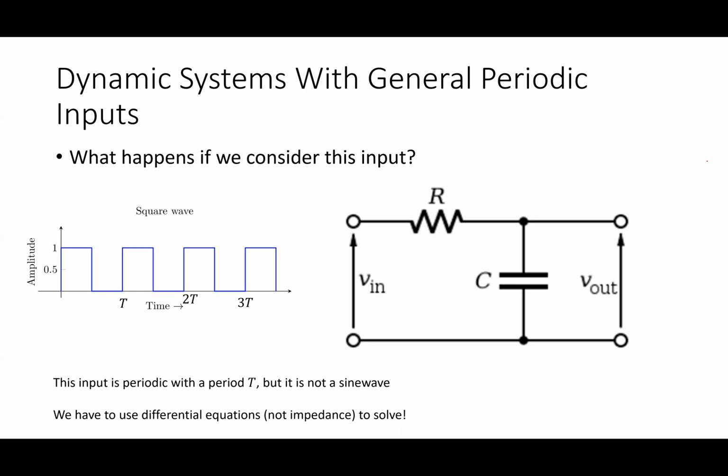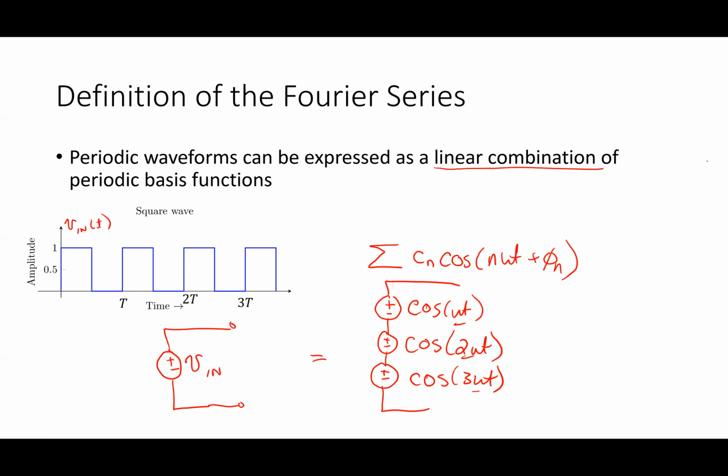But what we said last time is the whole idea of a Fourier series is that any waveform that's periodic can be expressed as a sum of harmonically related sine waves. A more mathematical term is a linear combination of periodic basis functions.